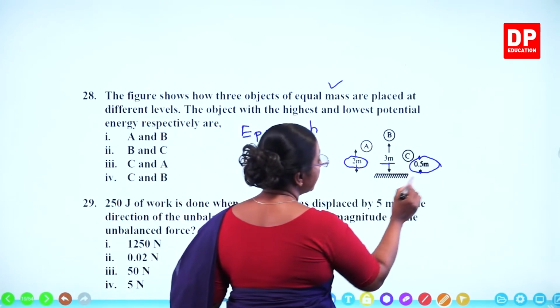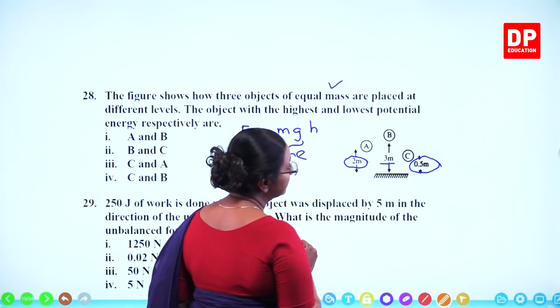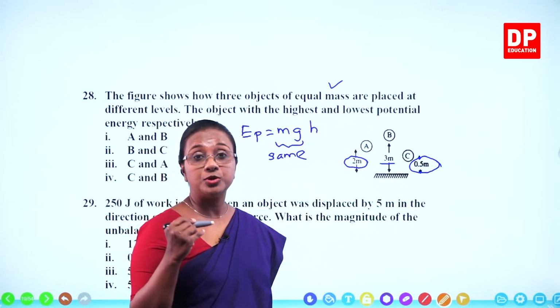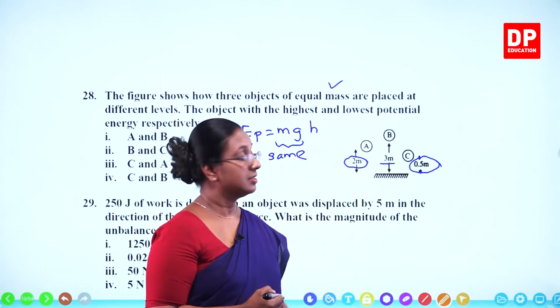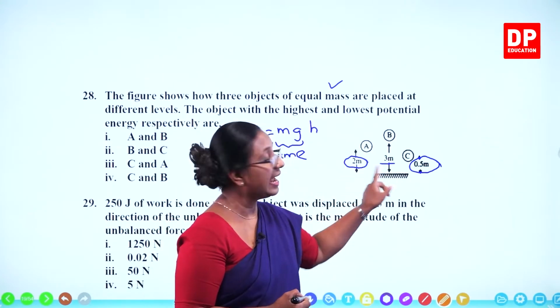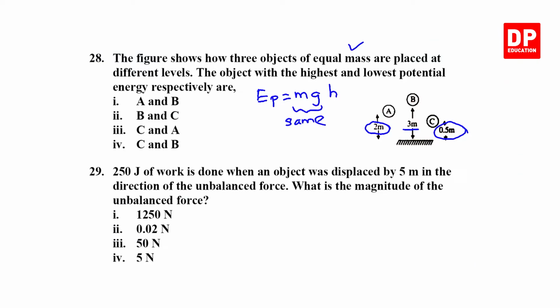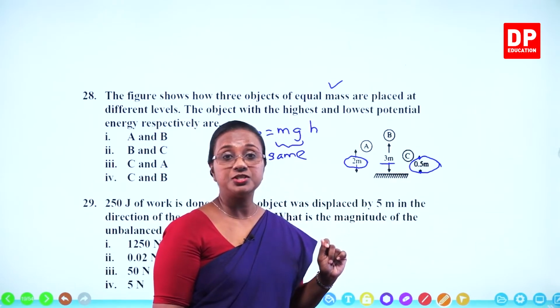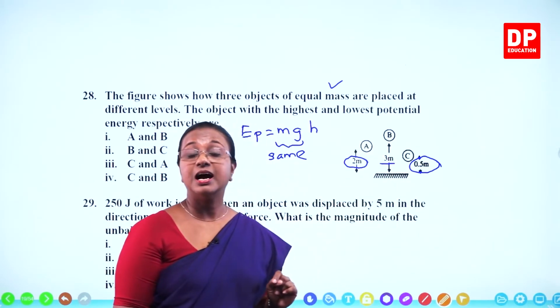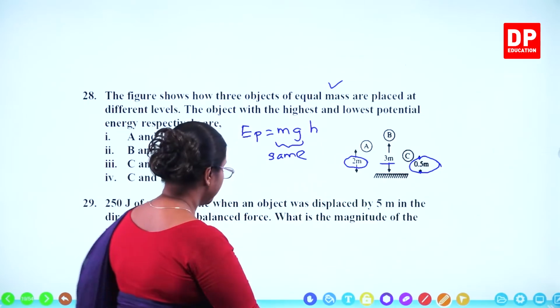The shortest height is C, so that will have the lowest potential energy. The maximum height is 3 meters. So B will have the highest gravitational potential energy. C has the lowest gravitational potential energy. B has the highest gravitational potential energy.